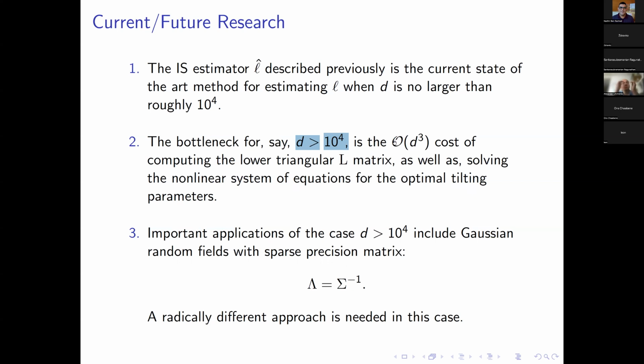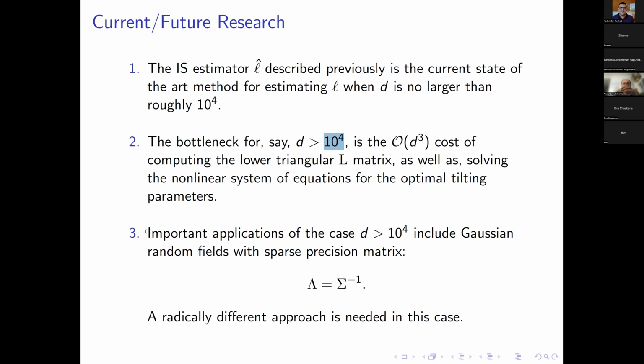The bottleneck is essentially the cost of calculating a lower triangular matrix L, which is usually d cubed. If I have to factorize a 10,000 by 10,000 covariance matrix, that's ridiculously slow. And that's one of the bottlenecks, I think the major one.